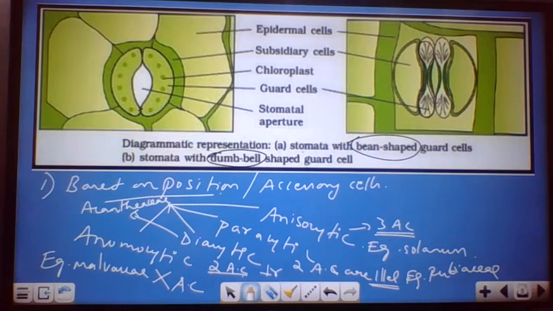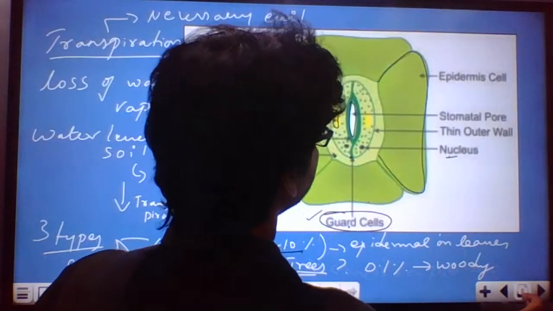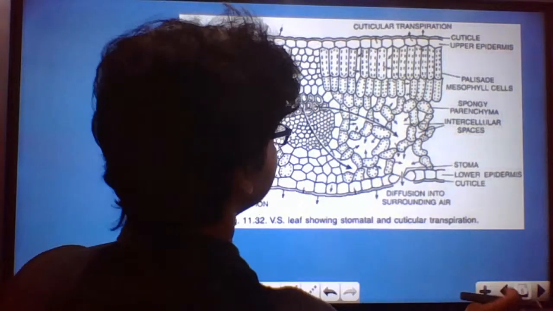The second type of classification is distribution and position of the stomata. Coming to distribution and position of the stomata, how can it be classified?